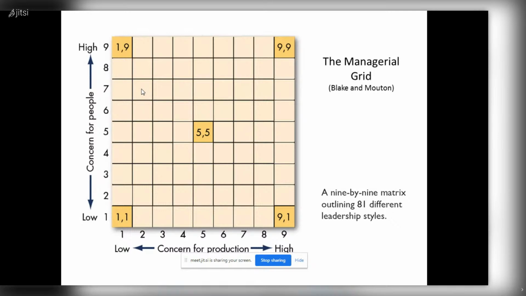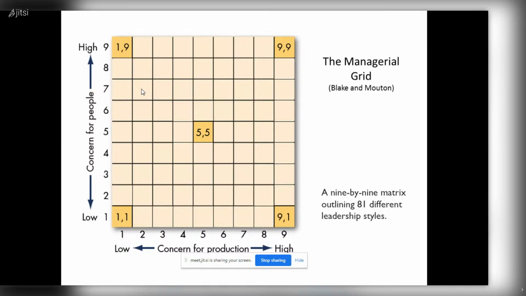1,1 impoverished management, or low concern for production, low concern for people. Task management, 9,1: high concern for production, low concern for people. Middle of the road management, 5,5: medium concern for production, medium concern for people.